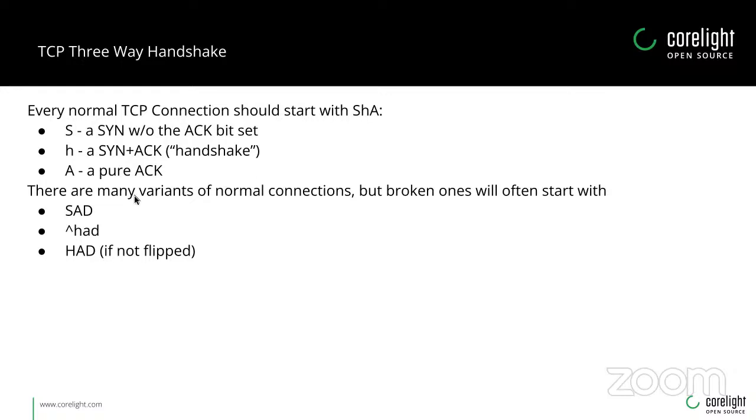Well, in that case, your history is going to be all uppercase or all lowercase, and sometimes all lowercase with a caret saying it was flipped, in that the first packet Zeek saw was probably from the server, right? If every TCP connection starts with the three-way handshake and the first packet Zeek sees is the second packet in the three-way handshake, something's probably wrong. So Zeek will flip it around. Sometimes it won't, and you'll get had. But these types of histories are a huge problem for Zeek to be working right.